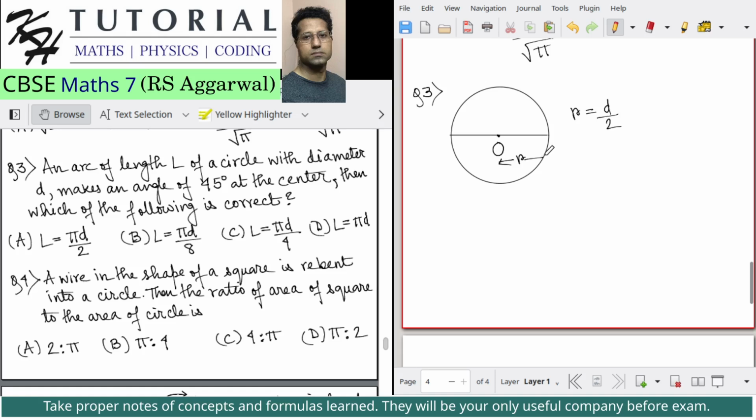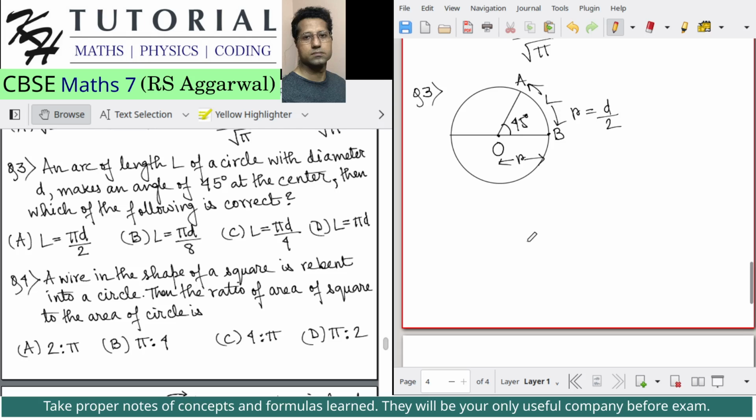There is an arc of length capital L of a circle with diameter d, which makes an angle 45 degree at the center. Let's say this is the arc A, B is the arc, and this is 45 degree, and this length is given to be capital L.